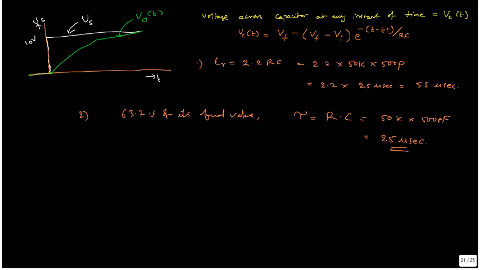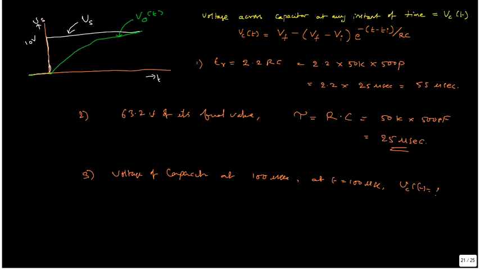Voltage across the capacitor at t equal to 100 microseconds. So that means at t equal to 100 microseconds, what is the voltage across the capacitor?